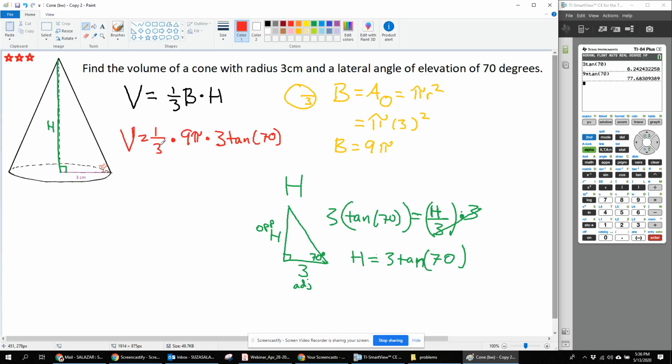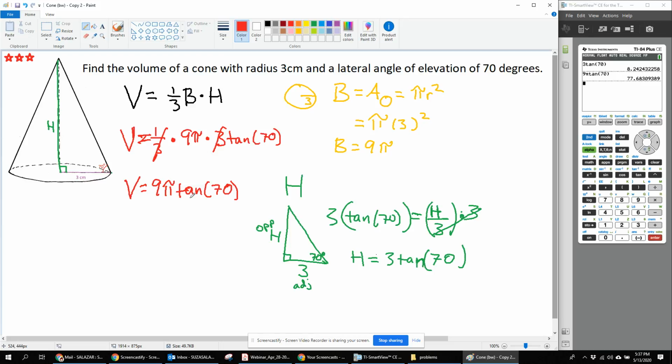So I could do 1/3 times 9 is 3 times 3 is 9, or I can just say, hey, I've got a 1/3 and a 3, and those are going to cancel each other out. So that's an equal sign. So my volume equals 9 pi times the tangent of 70.